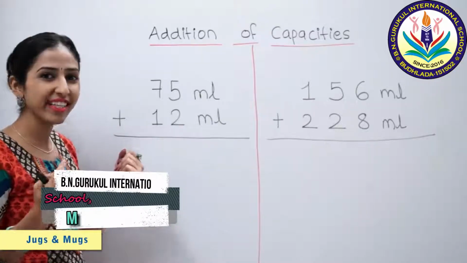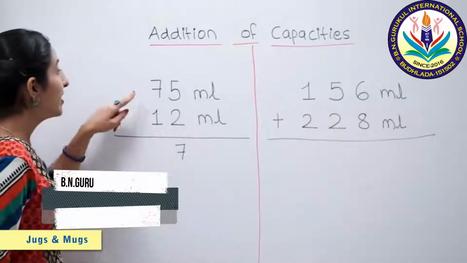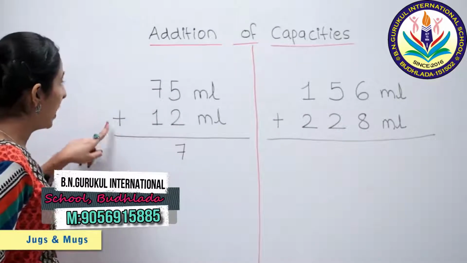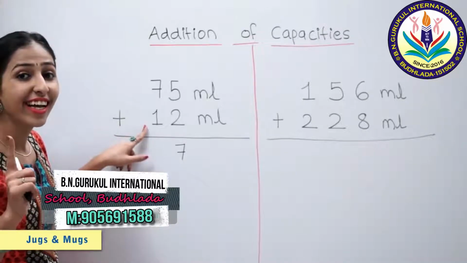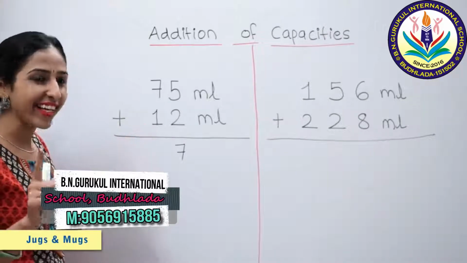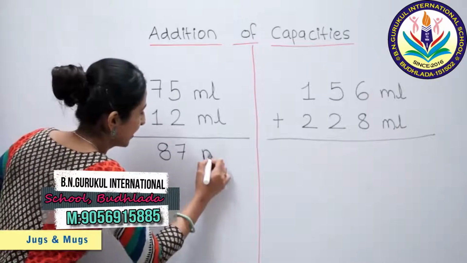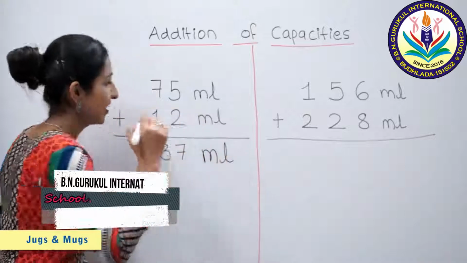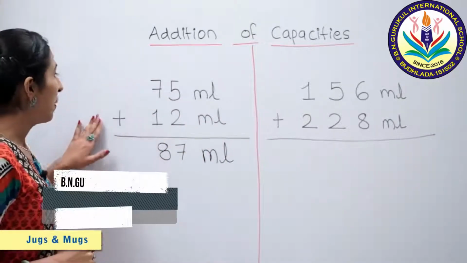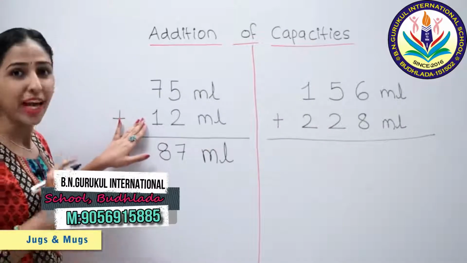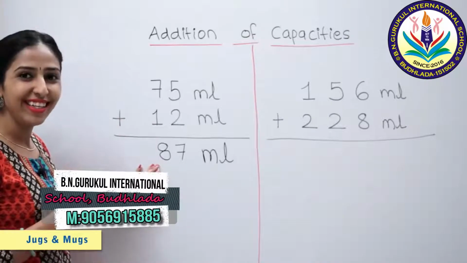So let's write 7. 7 plus 1 is equal to how much? Right, 8. So, 75 ml plus 12 ml is equal to 87 ml.